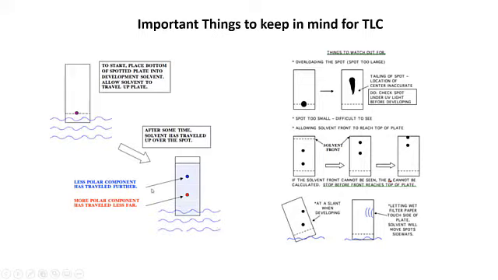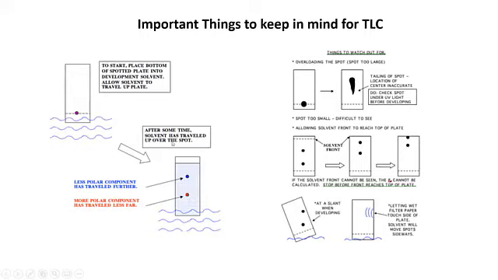Now, it all depends upon the polarity of the solvent and the compounds under separation. Based on that, the less polar component has traveled further. In this case, the blue one is the less polar component and the red one is the more polar component, so it adsorbs to the TLC plate more strongly.